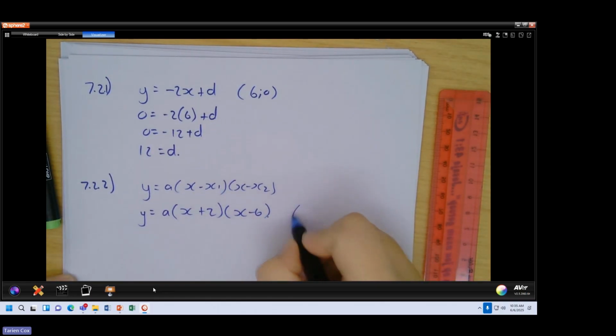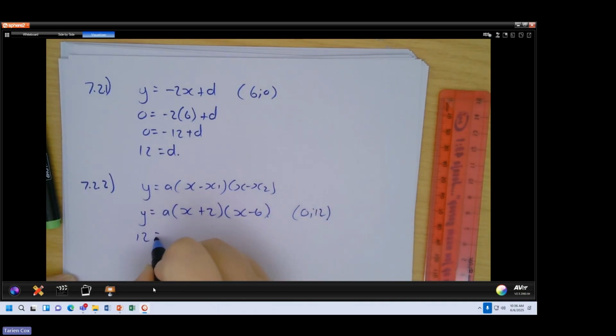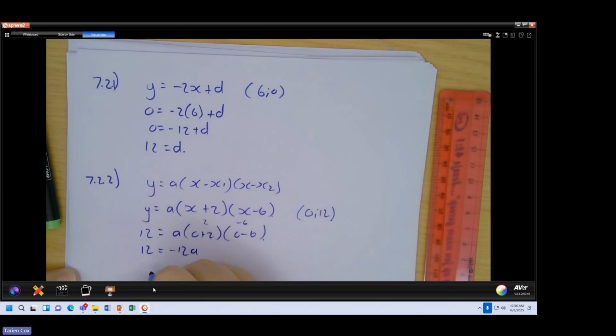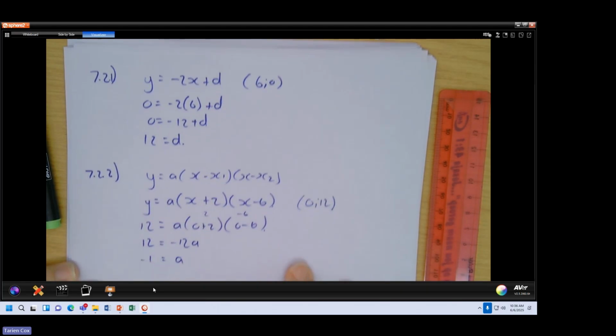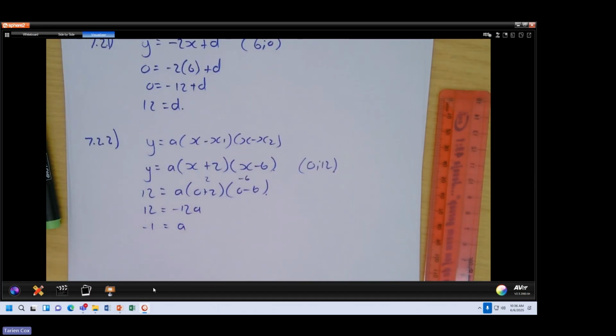Then I need to sub in my coordinate (0, 12). So 12 equals a(0 plus 2)(0 minus 6). That gives me 2 and -6. When I multiply, it gives me -12a, which tells me that a would be -1 if I divide by -12 on both sides.